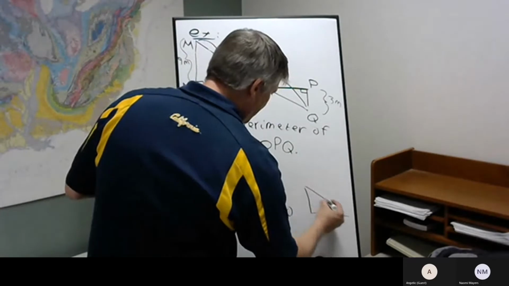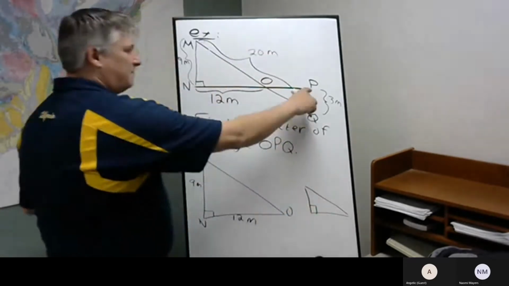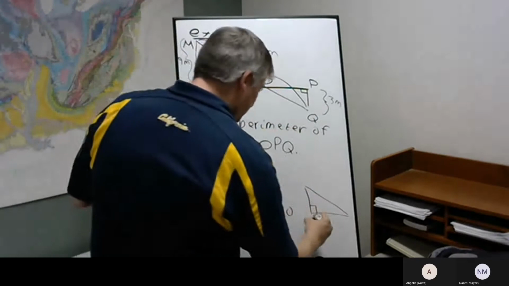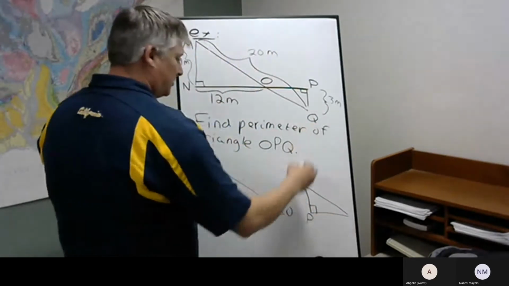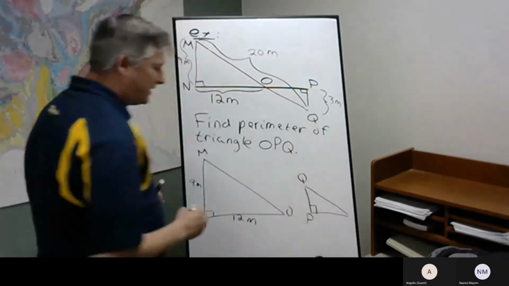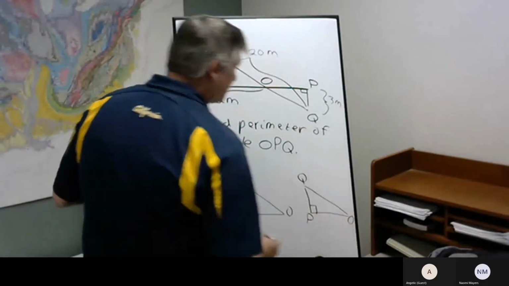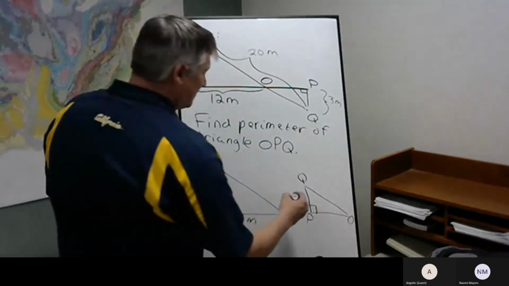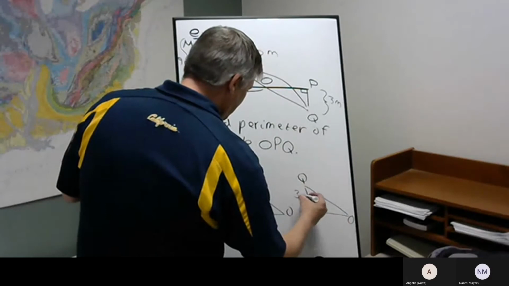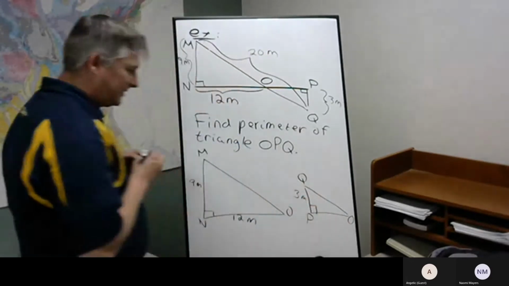We're going to rotate the smaller one. So P is on the 90-degree angle, so I'm going to put P here. Q is just across like that. And then we're going to have O right here. And then P and Q, that's 3.